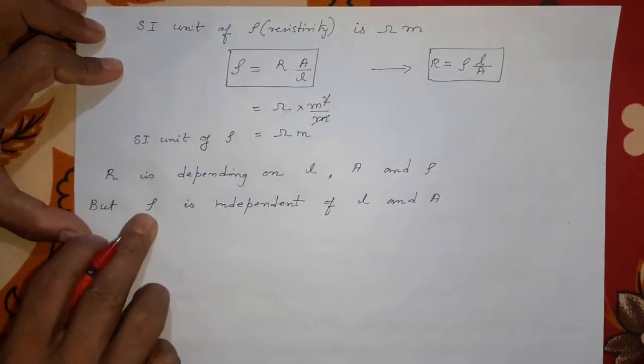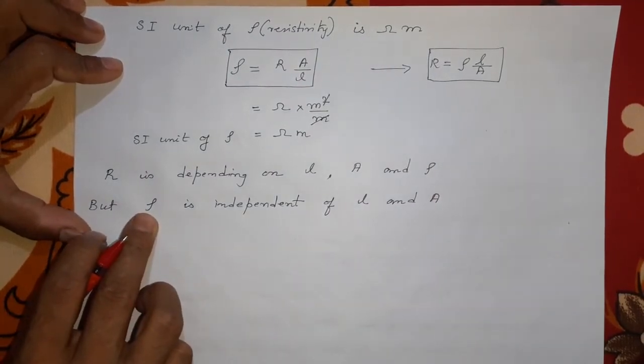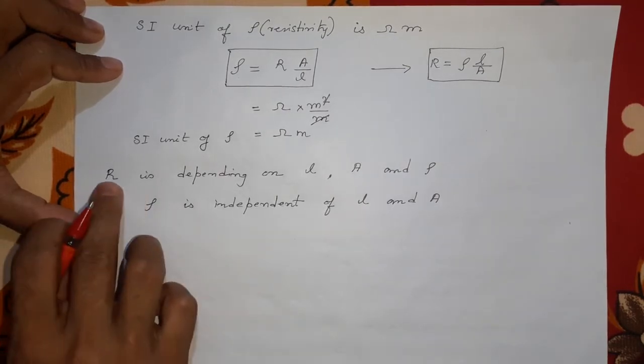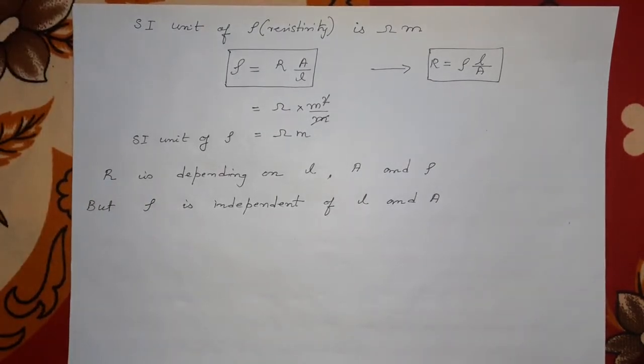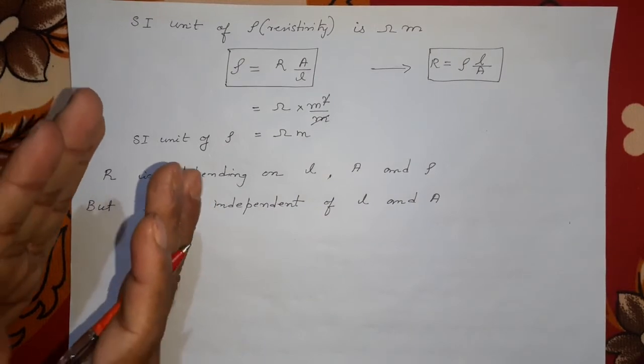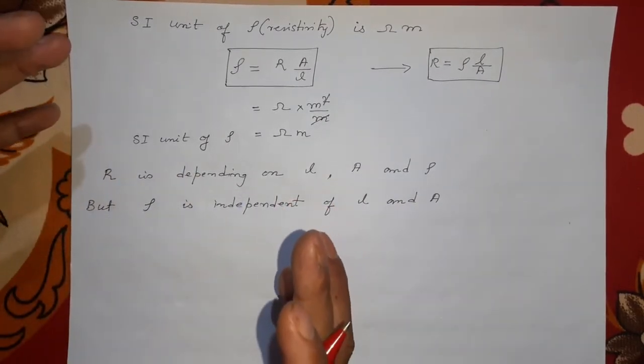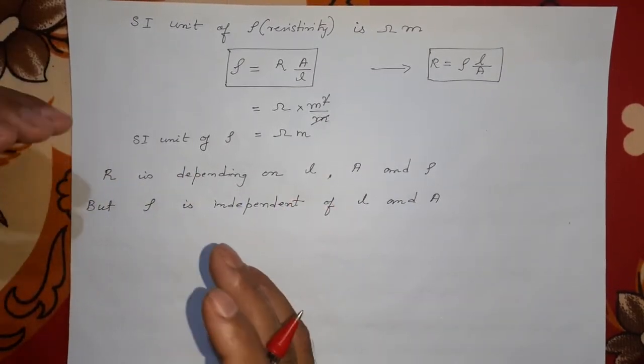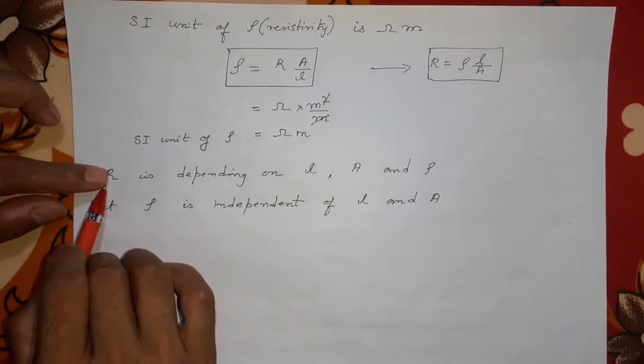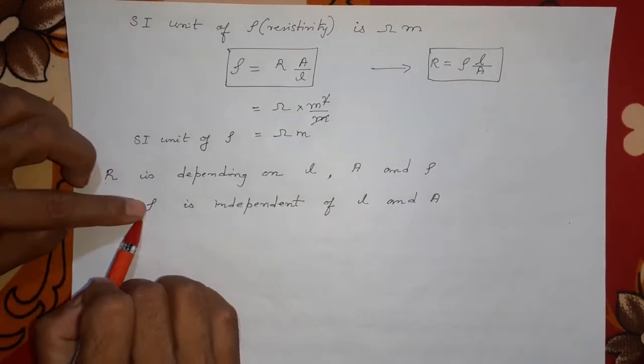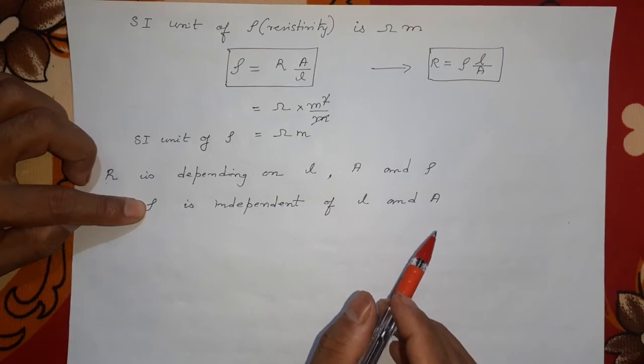This is an inbuilt property. You cannot change it. If it is gold, it has to be gold, same resistivity. But resistance can change. If the gold is very long, different resistance. If that gold is very short, different. If its area is big, less. If the area is less, it will be more. So like that the resistance will change. But the resistivity for the same material cannot change because of these things. These are the important things.